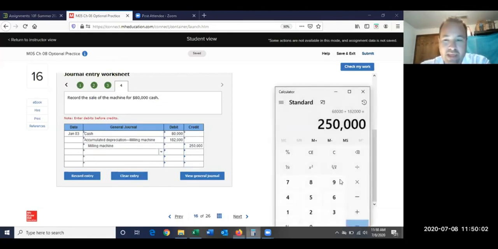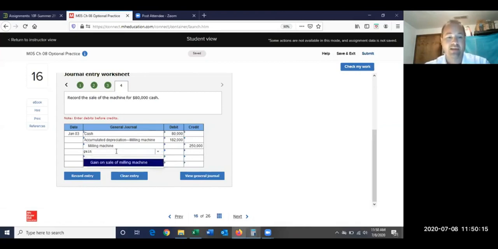Now, if you add up the debits, 80,000 plus 182,000, I'm over by 12 grand. So that means I need another 12 grand over here. And that is what my gain is, 12 grand. Let's check the work.